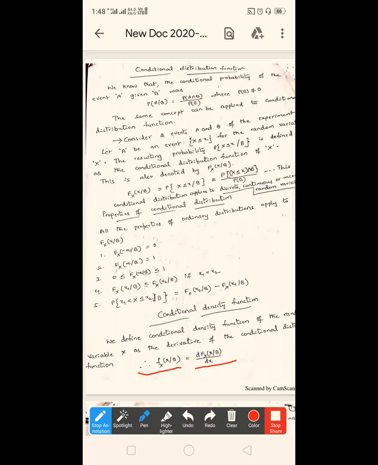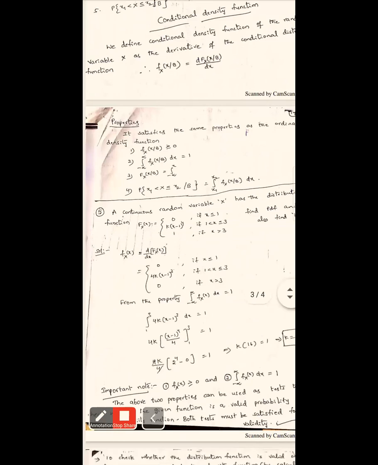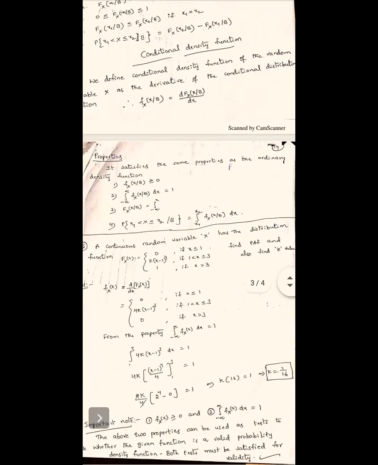Okay. Now again we have properties for this concept also. What are the properties of conditional density function? Already for the normal density function we discussed 5 properties.